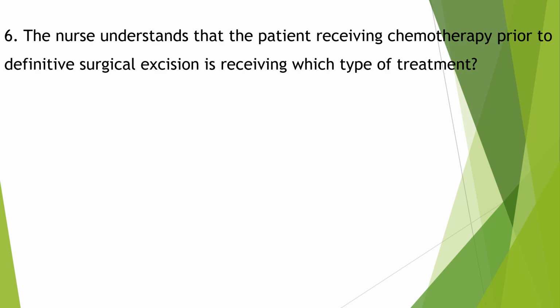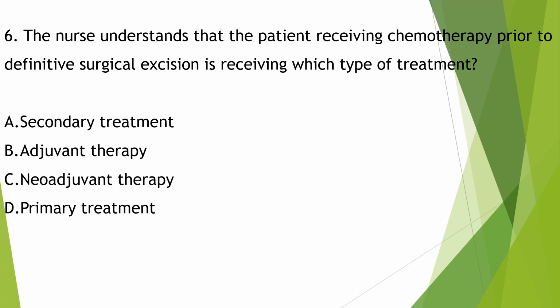Next question. The nurse understands that the patient receiving chemotherapy prior to definitive surgical excision is receiving which type of treatment? Is it a secondary treatment, adjuvant therapy, neoadjuvant therapy, primary treatment? Here you need to understand two things. What is a neoadjuvant therapy and an adjuvant therapy?